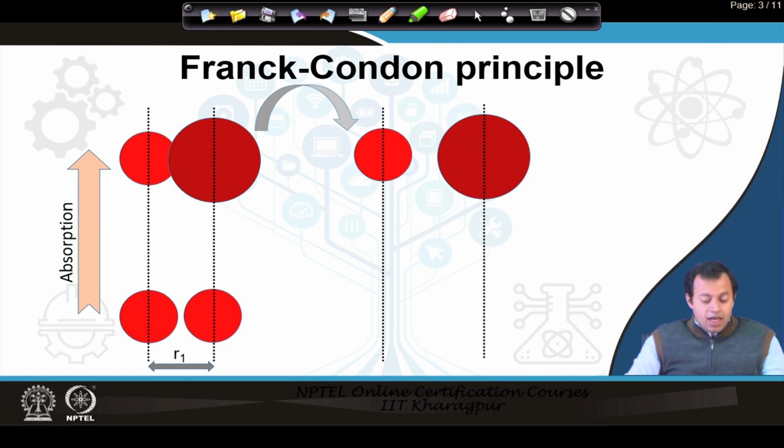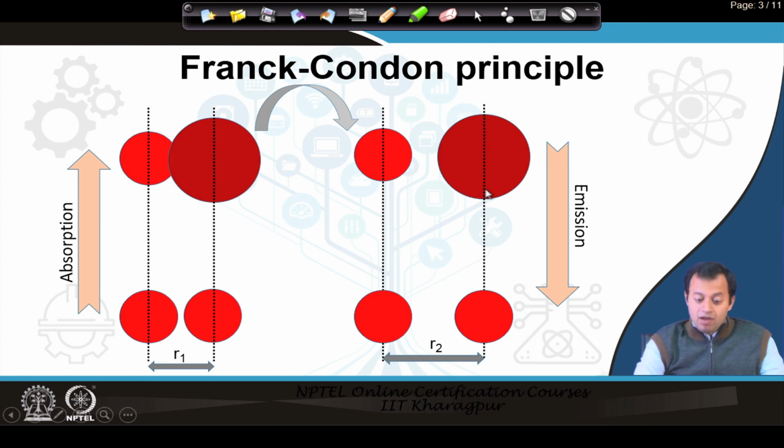After some time, because of spontaneous emission, this will lose the photon and come back to its original position by emitting light. However, the nucleus has still not moved because the nucleus is heavy. The nucleus takes time to move. Thereby, the internuclear distance has now moved from R1 to R2.